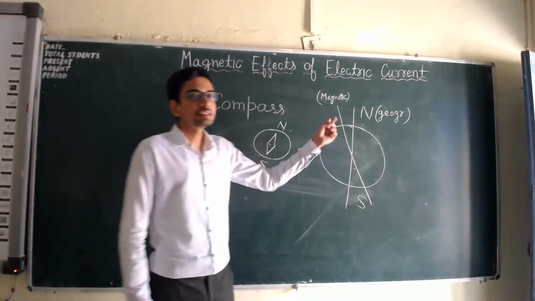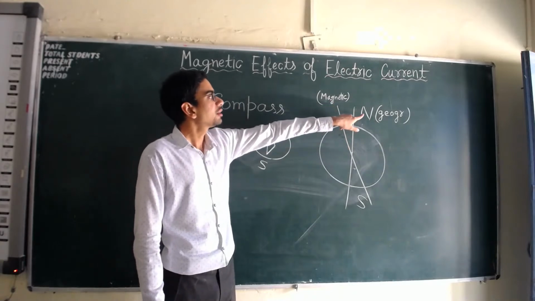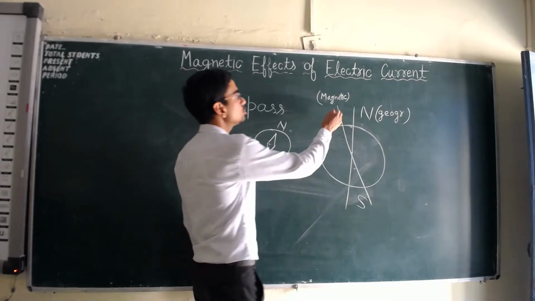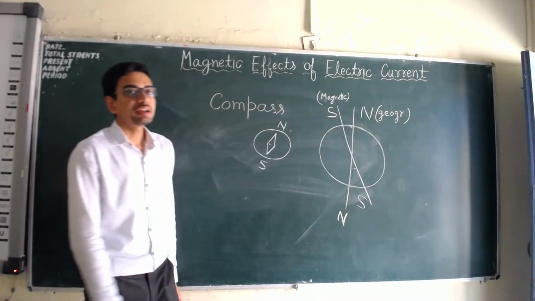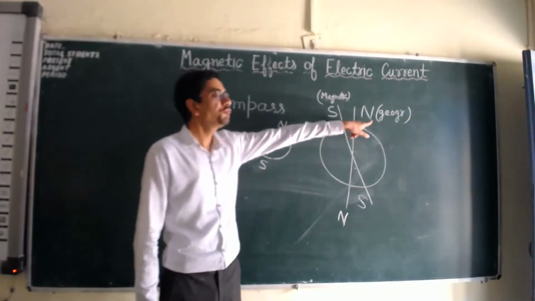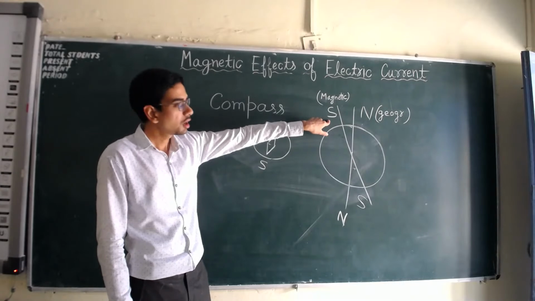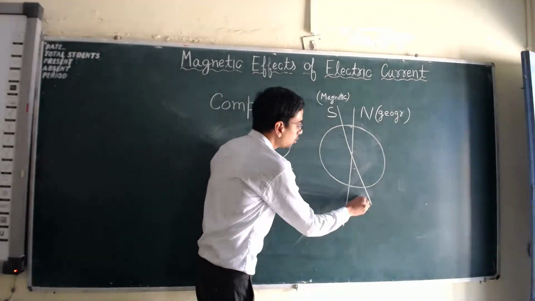There is a difference between these two poles: the geographic north pole is close to the magnetic south pole. Do you understand that जहां पर geographic north pole होगा वहां पर magnetic south pole होगा, जहां पर geographic south pole होगा उधर magnetic north pole.